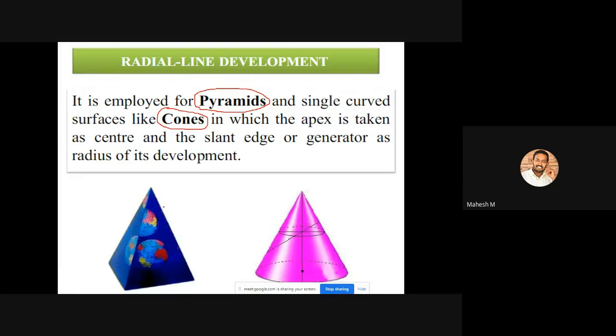Because we are having only triangular faces for pyramids, we cannot draw triangular faces like this and develop them. Like this, if we draw 4 triangular faces and tilt them, we will not get the pyramid. So we have to follow this radial line development method. This one is totally wrong. So we have to follow only radial line development. We will discuss this in upcoming problems.